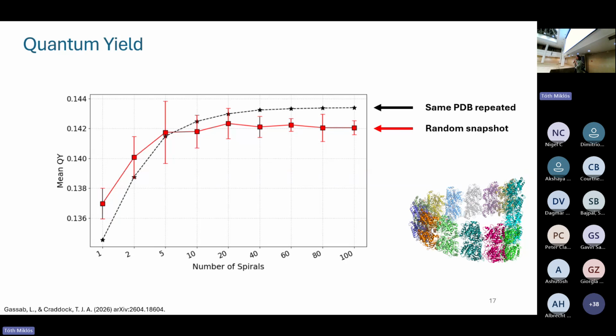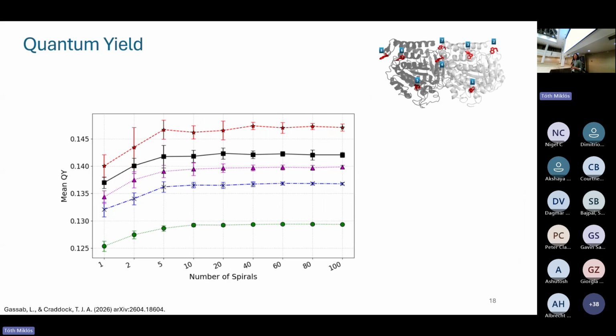To break this symmetry a bit, we took the molecular dynamics simulation and extracted snapshots of the tubulin to construct a more disordered microtubule. And you can see when you increase the size of the microtubule from one filament, which is 13 dimers of tubulin, you can see this increase in quantum yield. Same with random snapshots and with the same PDB.